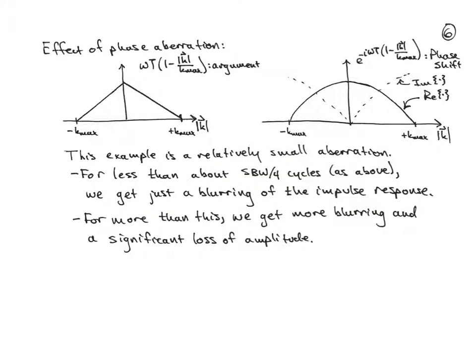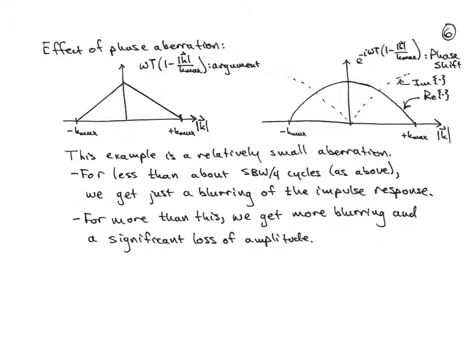So here's a plot of the phase that we end up getting across our k-space as a function of absolute k-space location. Here's the argument of the complex exponential that we end up multiplying the k-space weighting by. You can see that it starts large and attenuates down to 0 as you get to the outskirts of k-space. And if we take that argument and then evaluate it in the complex exponential, this gives us our phase shift, which has imaginary part as the dashed curve here and real part as the continuous curve here.